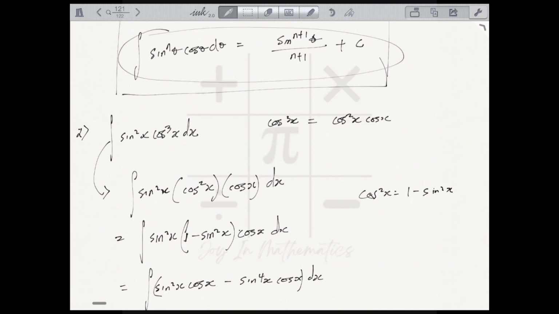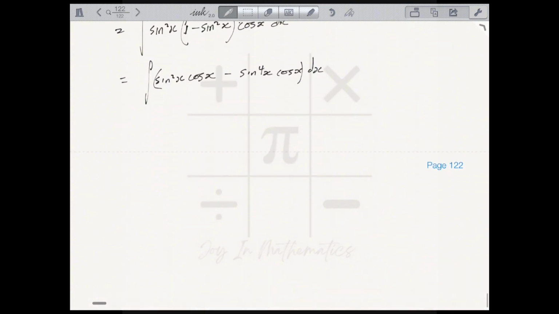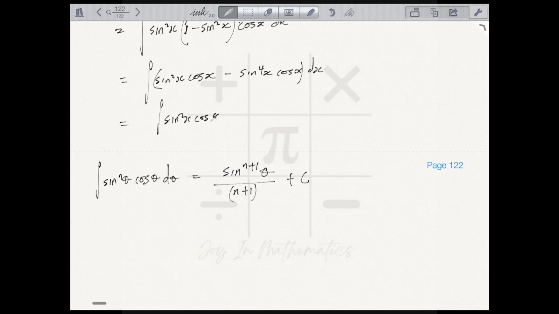So let's apply the principle of integrating sine n theta cos theta d theta, and this will give us sine n plus 1 theta divided by n plus 1 plus c. Now in this case, we have two forms. We have integral of sine square x cos x dx minus integral of sine 4 x cos x dx.